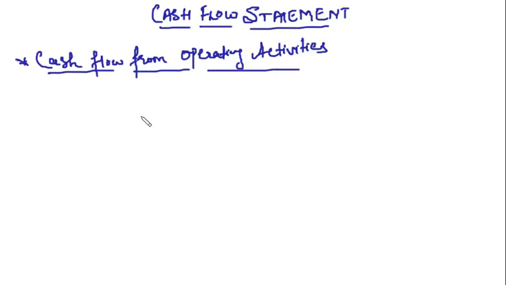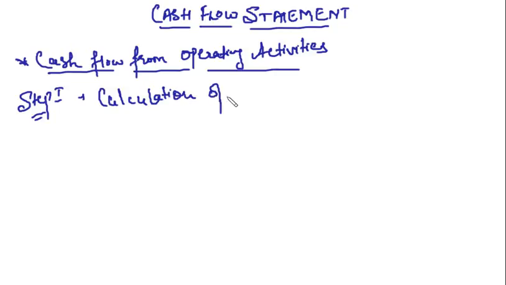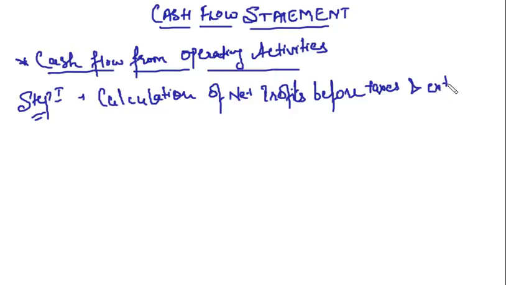Then in the last lecture, we started with the steps. The step one was calculation of net profits before taxes and extraordinary items. In this, I told you that we prepare the profit and loss account.